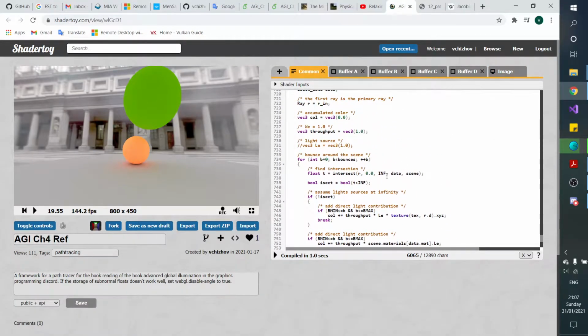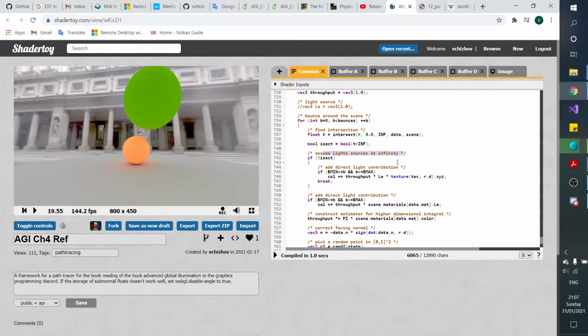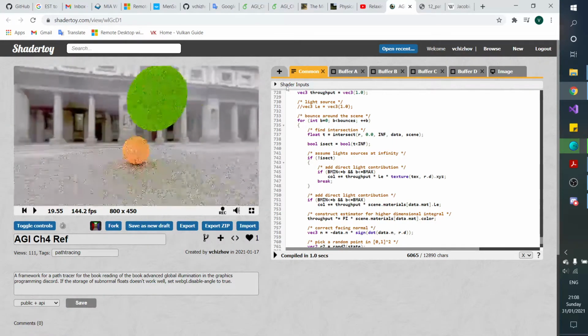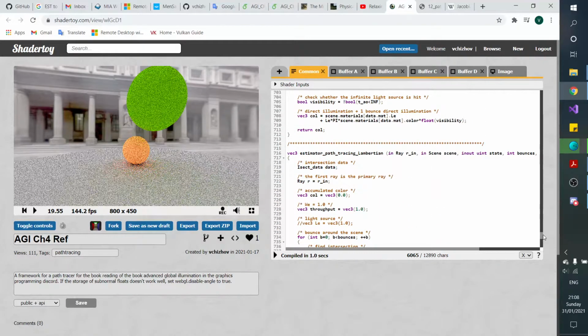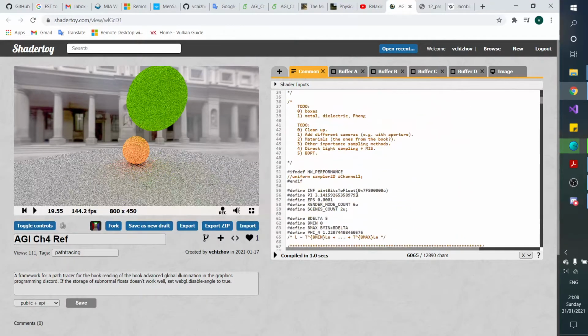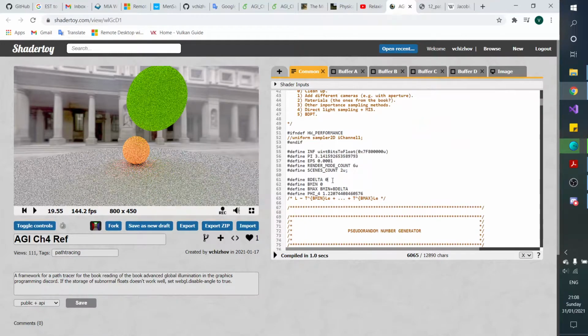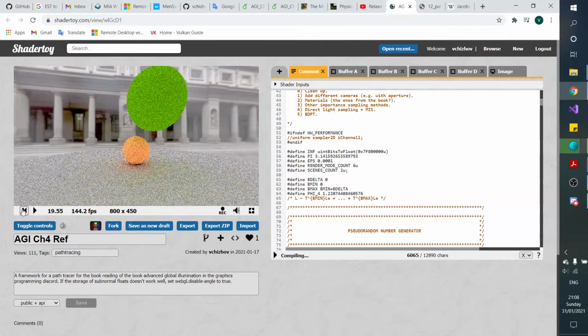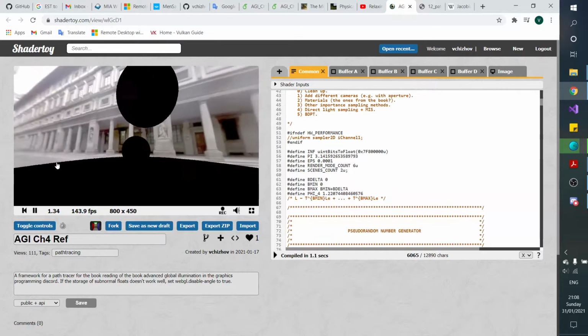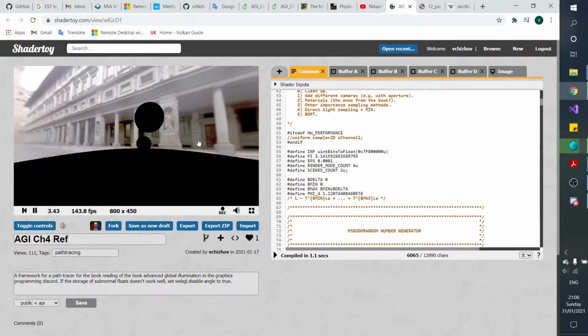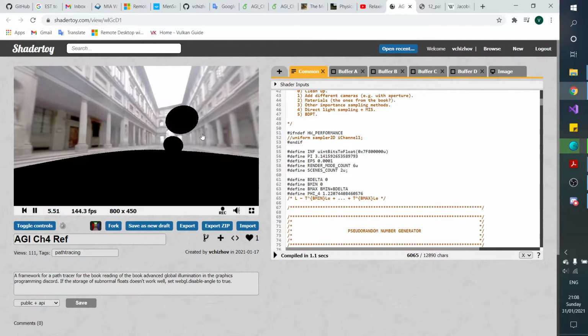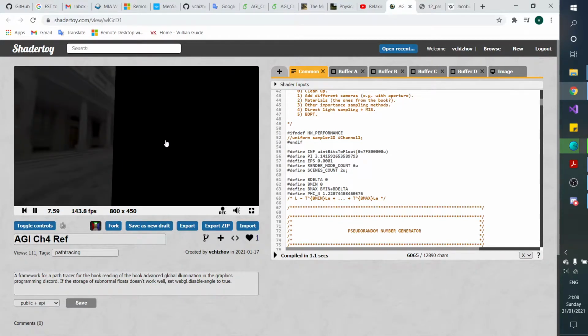So if you don't intersect anything, as we mentioned, then we are done. But before that, maybe the background has some radiance, and the background here does have some radiance, so we can add that. Let's look at just the direct illumination, for example. Now you can see the only light source that is directly illuminating it is the background in this case.